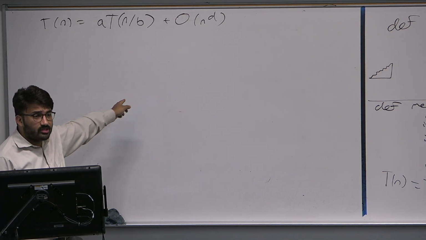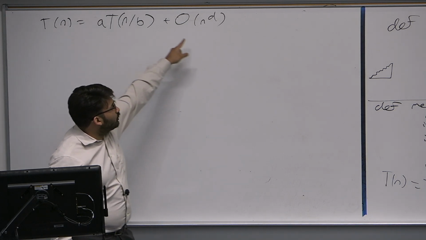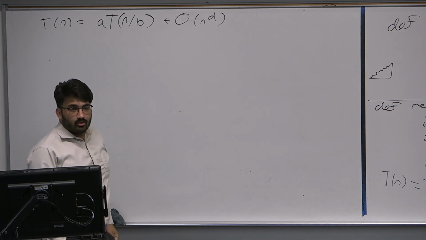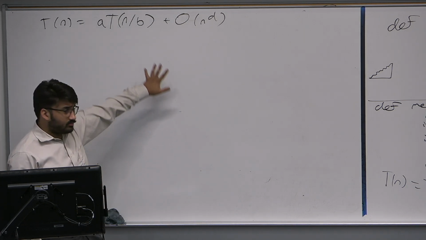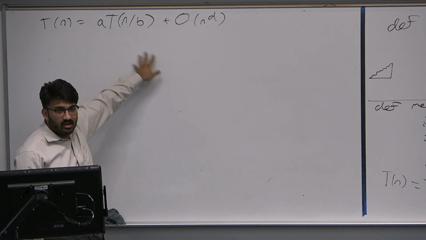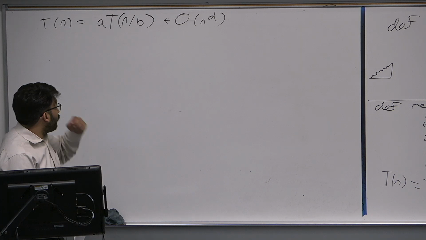If you notice, it's simply a special case of this, right? A is 2, B is 2, and D is 1 in merge sort. But the master theorem gives us a way to evaluate the runtime, to convert something that looks like this to a generic big O that we can quickly analyze. So that's what we're going to do today.